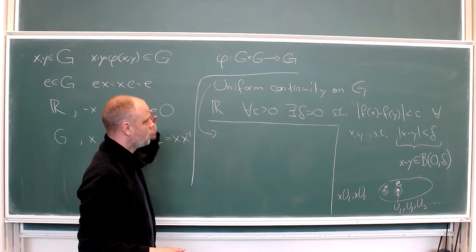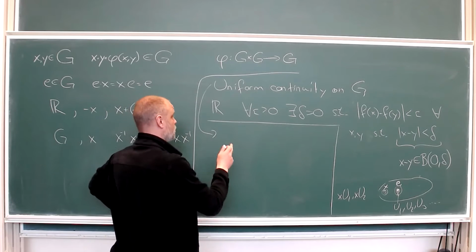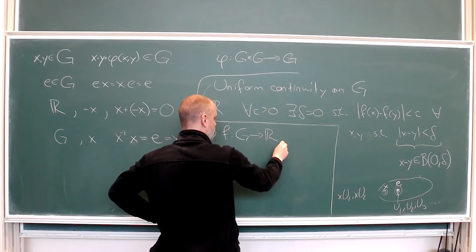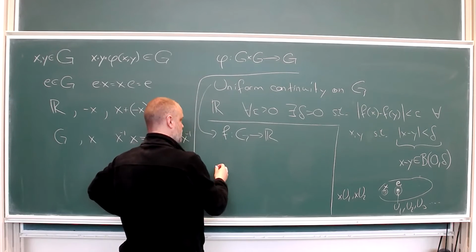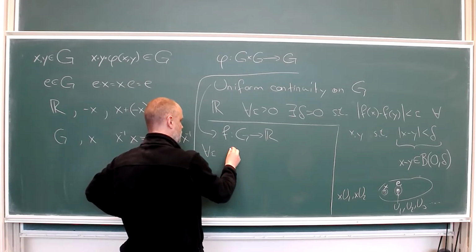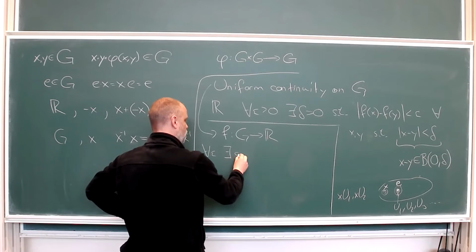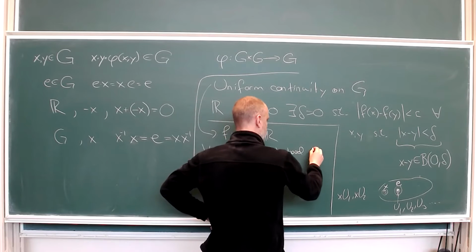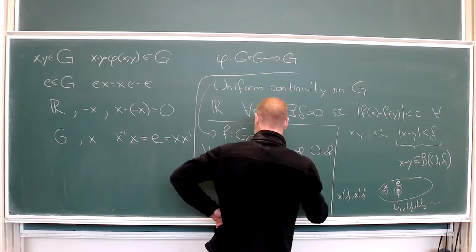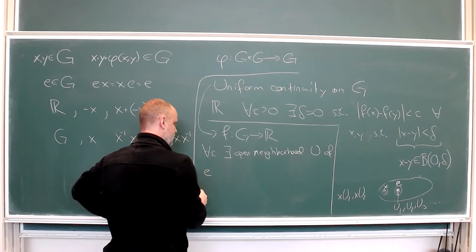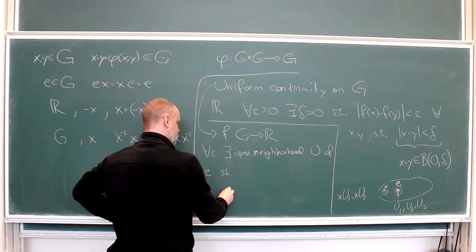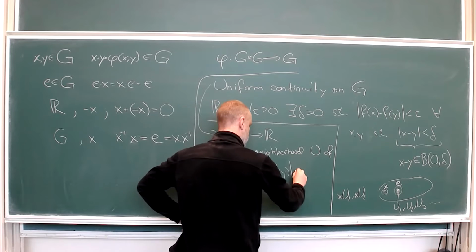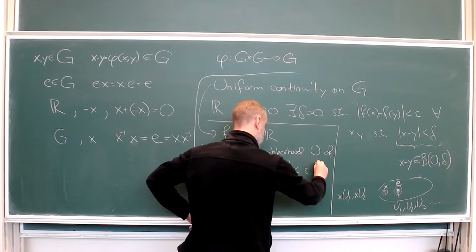Now, right, so what should we take? A function, now we consider a function f on the group with, let's say, real values. And then we say for every epsilon, there exists an open neighborhood U of the identity element E such that |f(x) - f(y)| is less than epsilon.